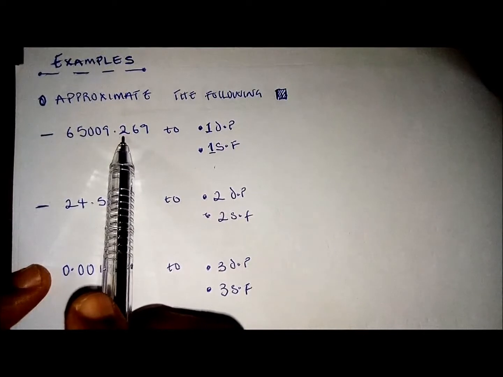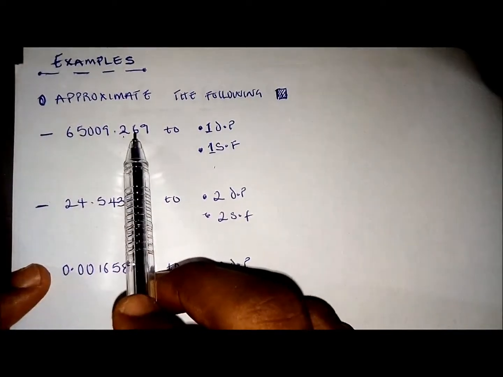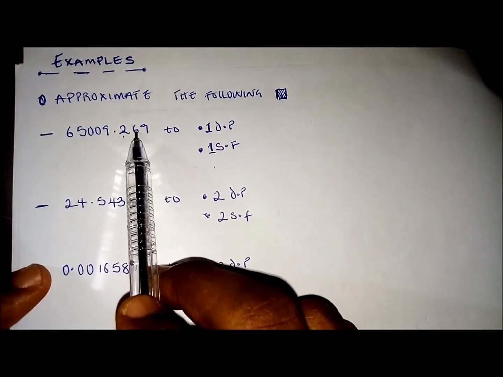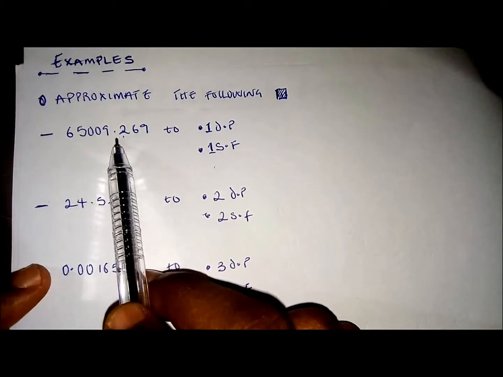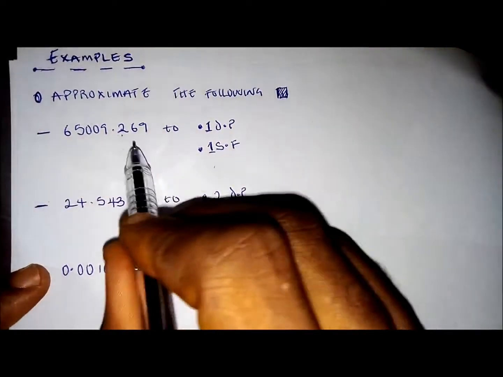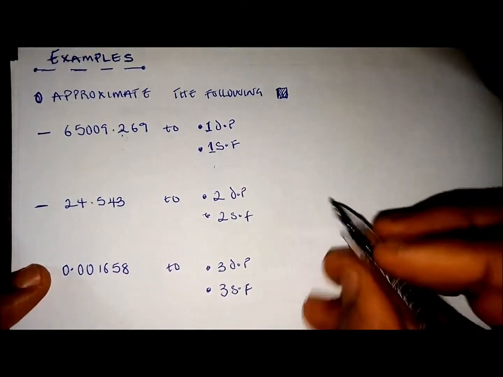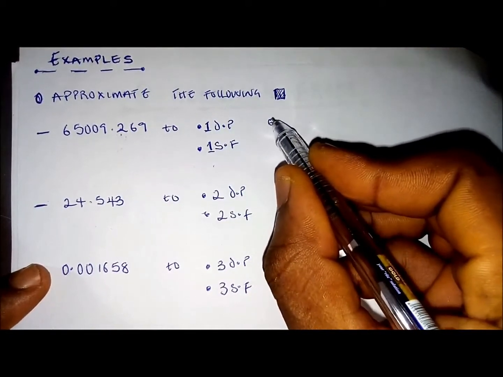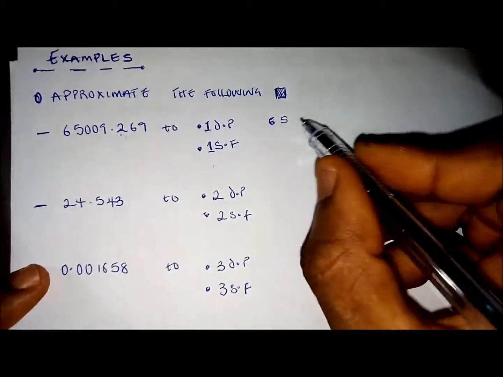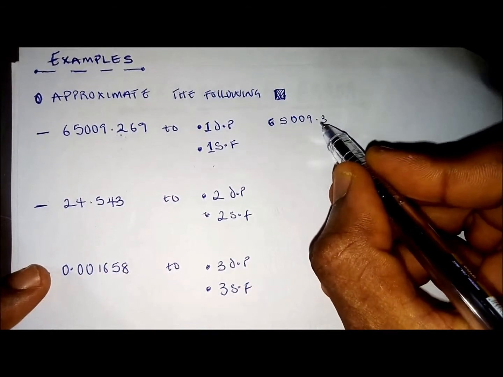So this is what we're approximating to get the approximated value. And the number after this is 6, which is greater than 5. So we can round up to get the approximated value. And rounding up will be that we'll add 1 to this, and then we'll get the approximated value as 65009.3.